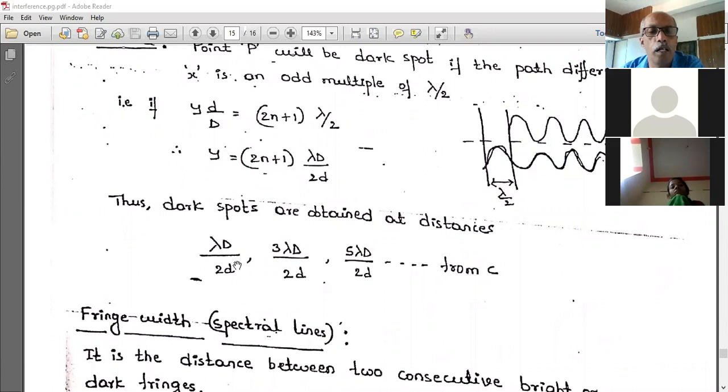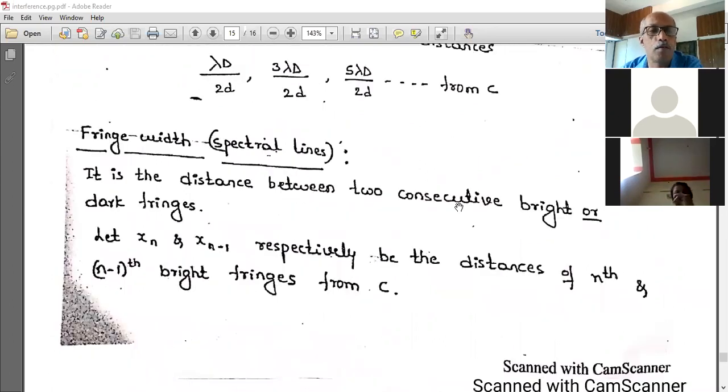If n is 1, it will become 2 into 1 plus 1, sorry, 2 plus 1, that is 3 lambda D by 2d. Similarly, if n is 2, it becomes 5 lambda D by 2d. For all these positions from point C, we get the dark spots, or the minima, in other words.